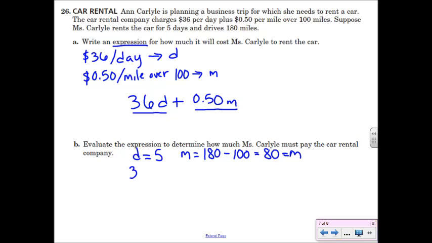So we just put the numbers into the expression. So we have 36 times 5 plus 0.5 times 80. The first thing, according to order of operations, that we're going to do is multiply. 36 times 5 is 180.